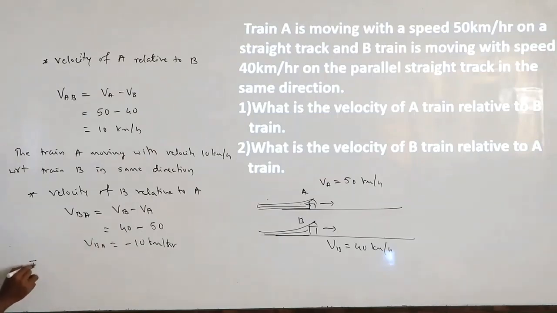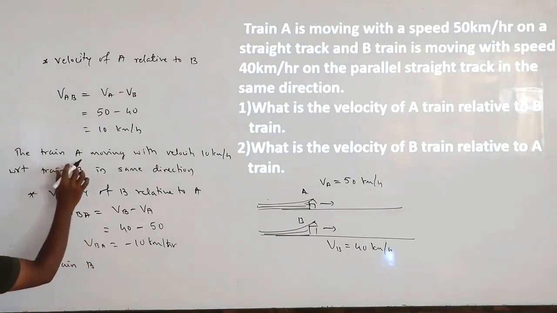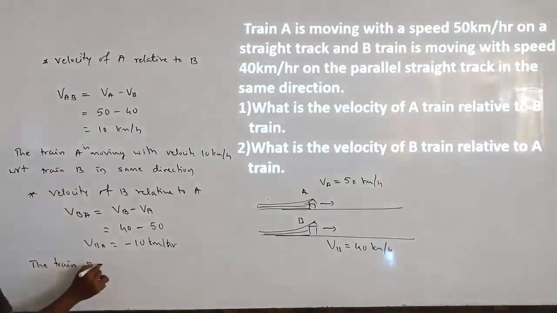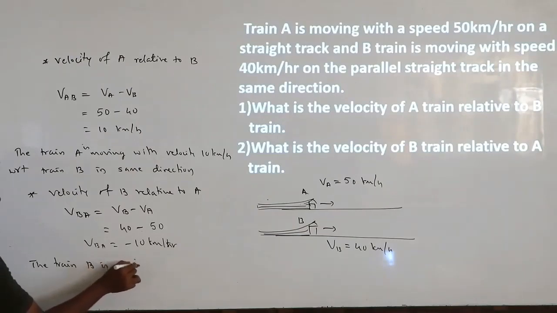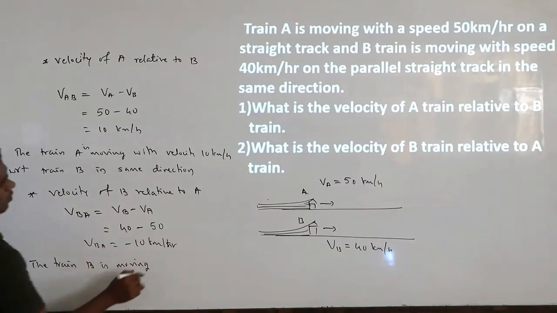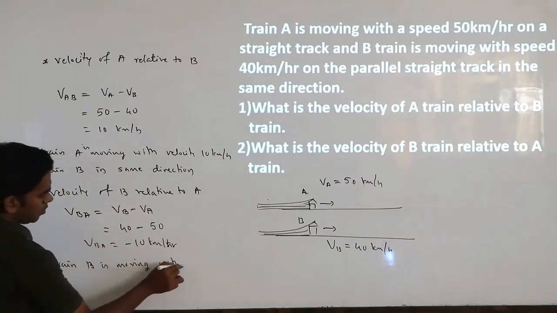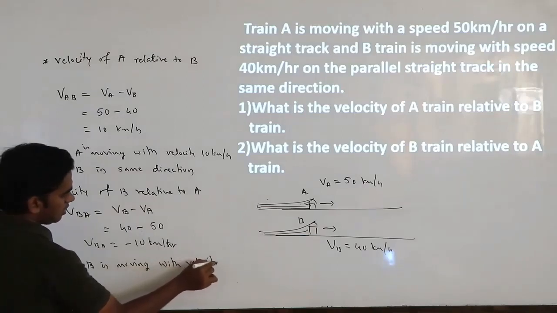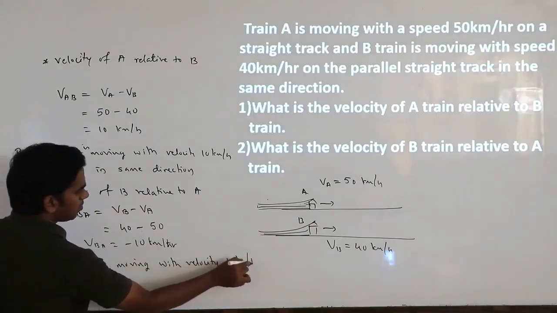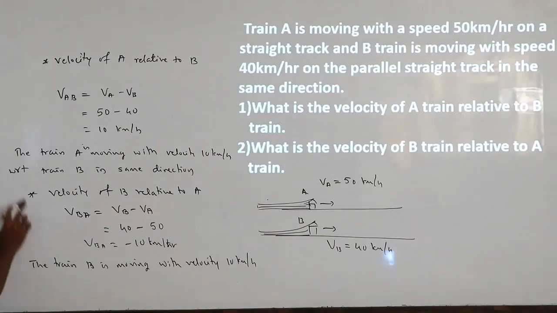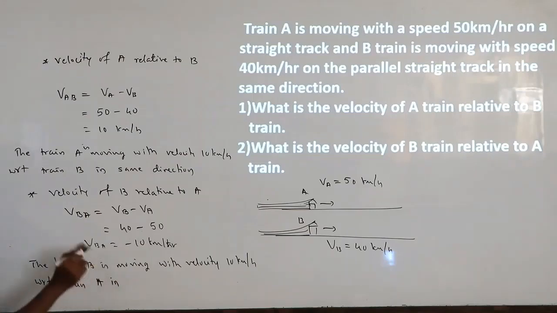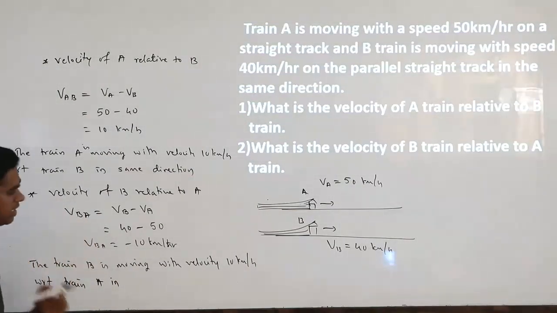So what I can write is that train B is moving with velocity 10 kilometers per hour with respect to train A, in the same direction or opposite direction?